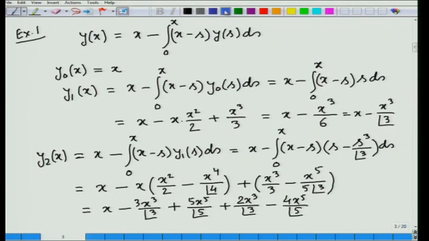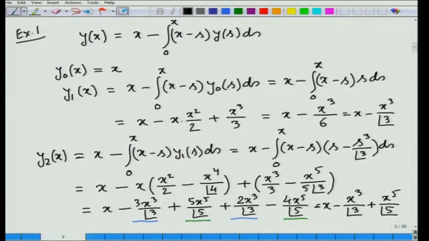Now, if you combine these two terms, and then the fifth order terms, you will get x minus x cube by factorial 3 plus x to the power 5 by factorial 5.